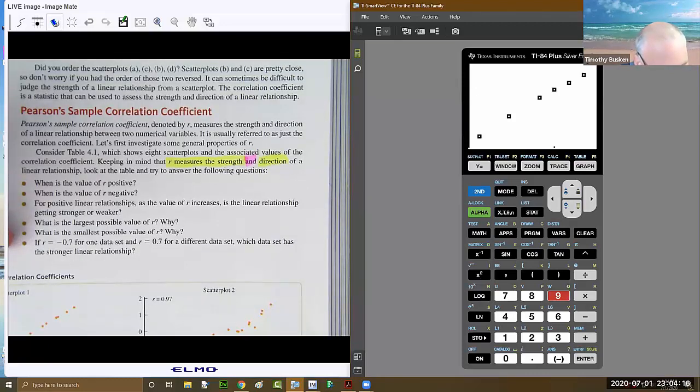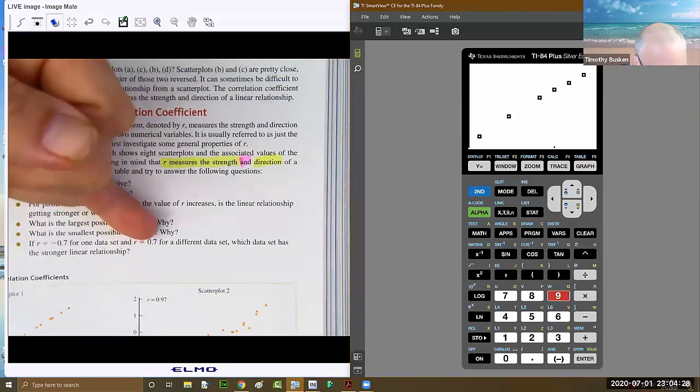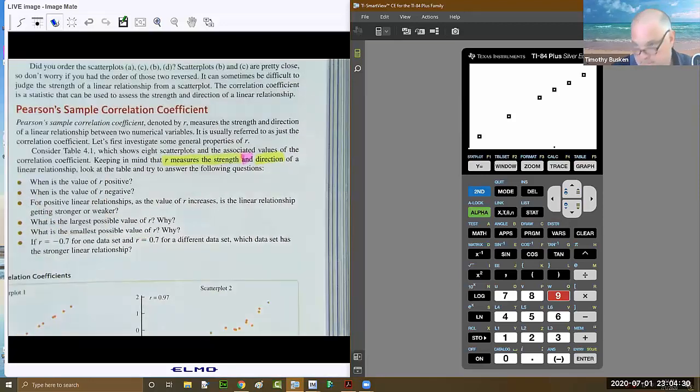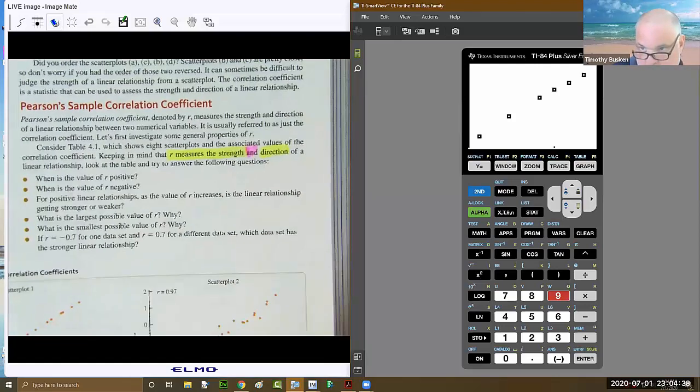What is the smallest possible value of r and why? And last question here, if r is negative 0.7 for one data set and r is positive 0.7 for another data set, which data set has the stronger linear relationship? So let's take a look and see if we can answer those questions together.